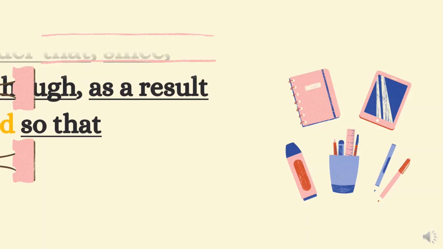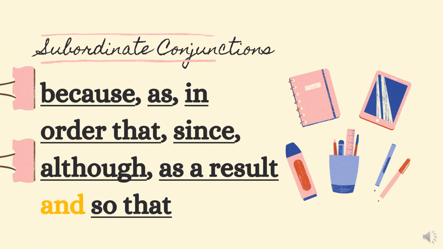The words because, as, in order that, since, although, as a result, and so that, which function as subordinate conjunctions, are always used to begin the dependent or subordinate clause. When the dependent clause comes at the beginning of the sentence, use a comma to separate it from the independent clause.